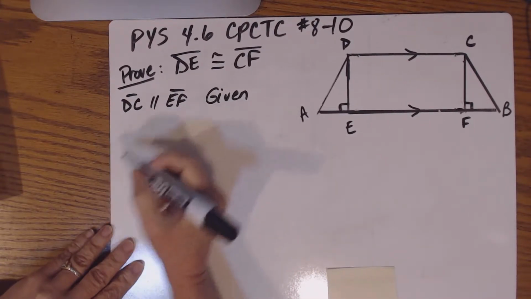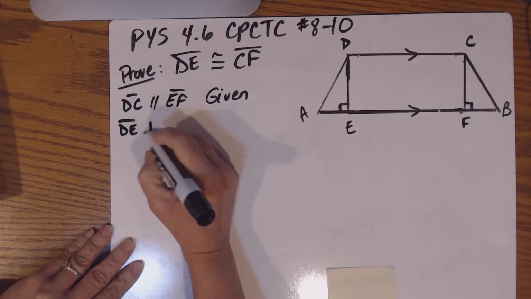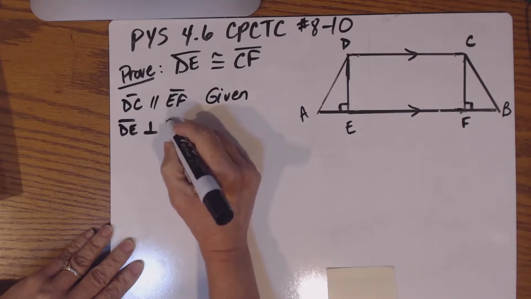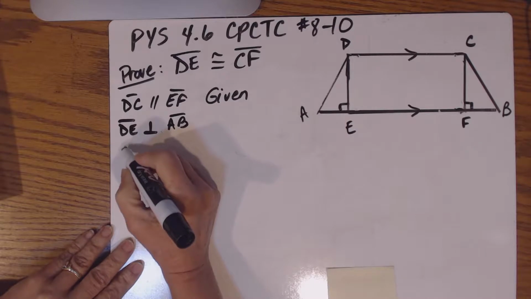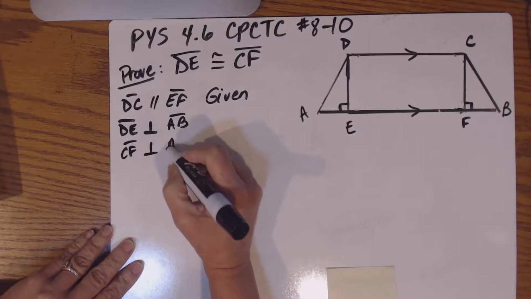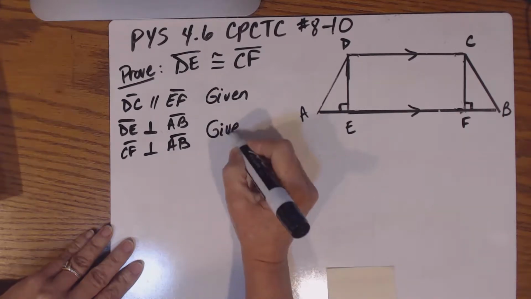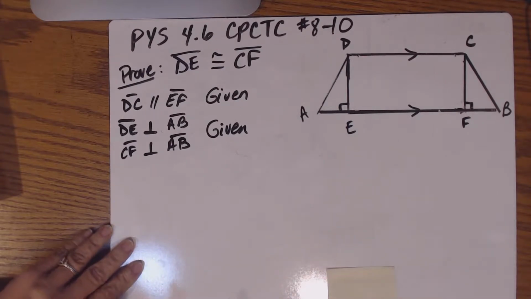So what I can also say is that DE is perpendicular to, let's just say, AB, and CF is perpendicular to AB, okay? I could say that that is given. That's what it's told me, that these are perpendicular, all right?